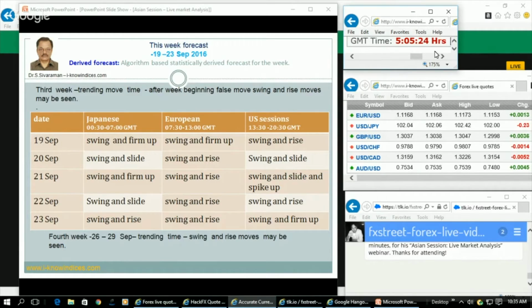When I say 5 GMT, the market is expected to make a firm up move, then anybody in different parts of the world will be able to understand, okay, at 5 GMT they are expected to make an upward move. Instead, if you use your local time, my local time will be different from that of a person who is in a different place, like US.